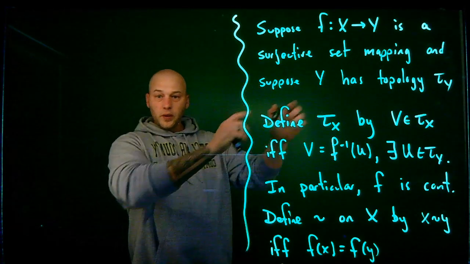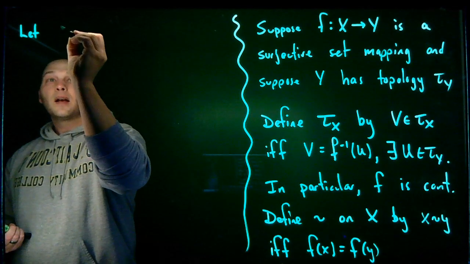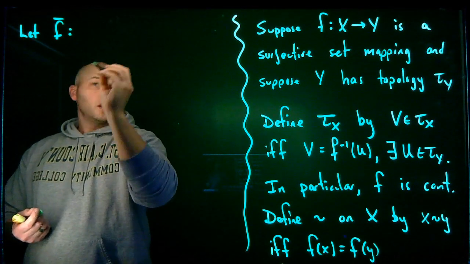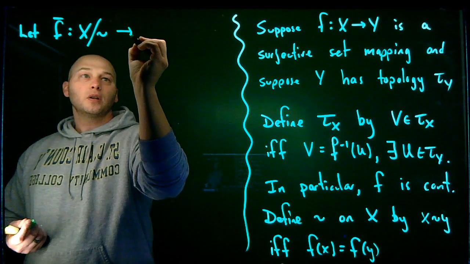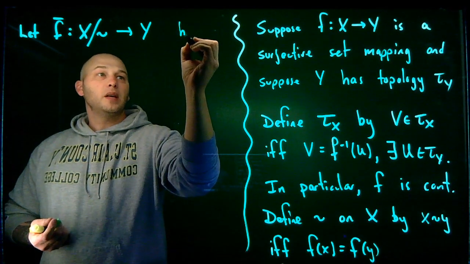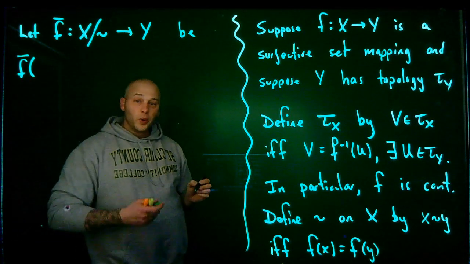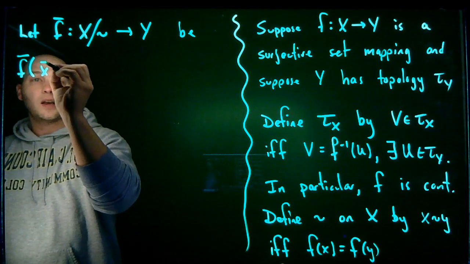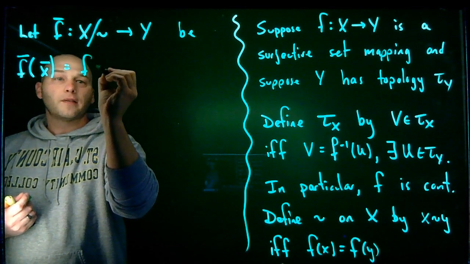Okay. So with this in place, let f bar be a mapping from the quotient X modulo the equivalence relation to Y, the function defined by f bar, which takes an equivalence class of, say, x to f of x.